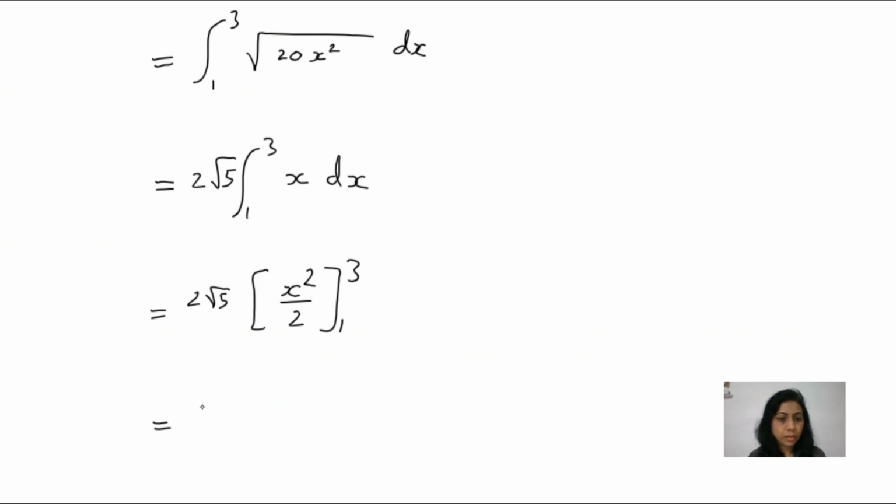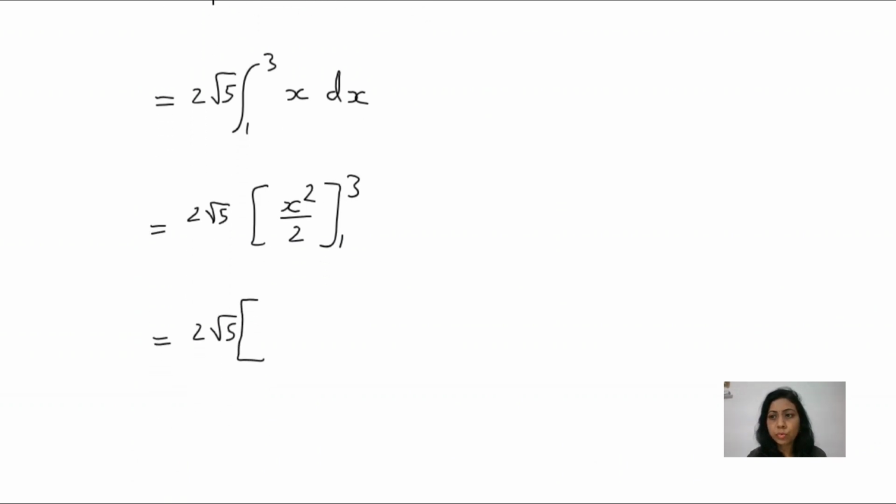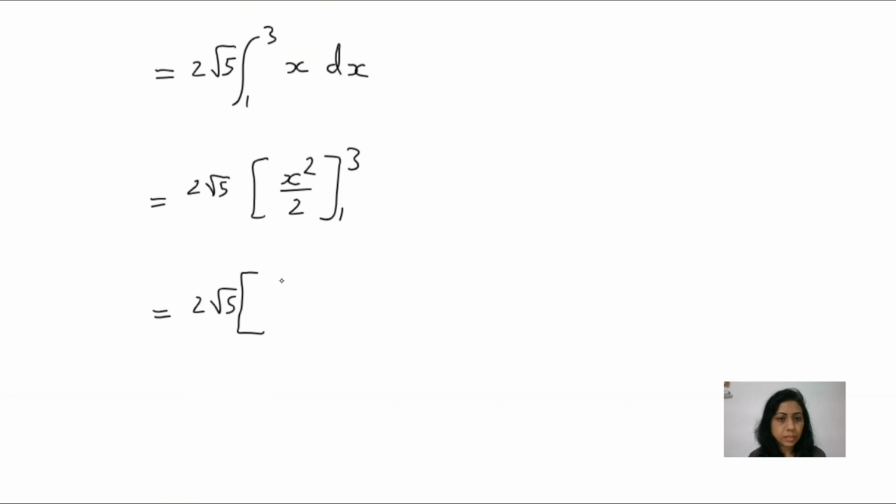So here 2 square root 5, and first the upper limit, that is 3² by 2, minus, now put the lower limit, so 1² divided by 2.